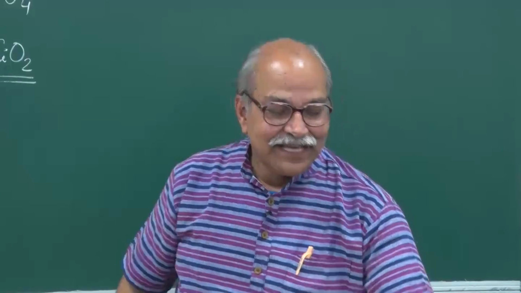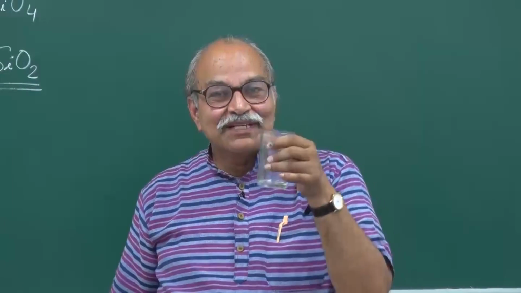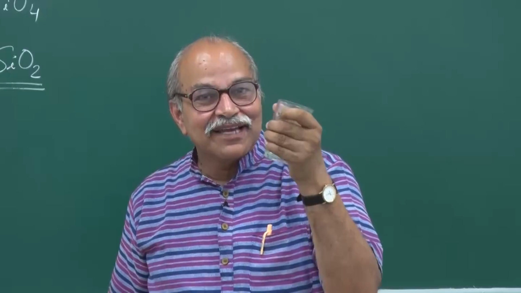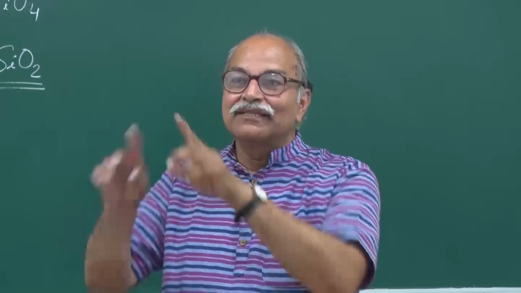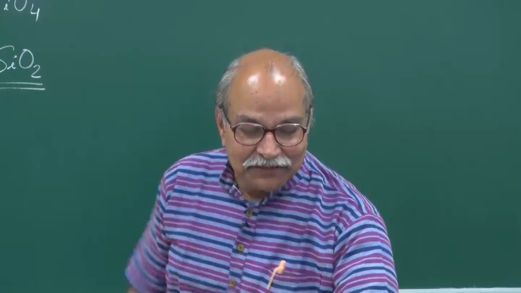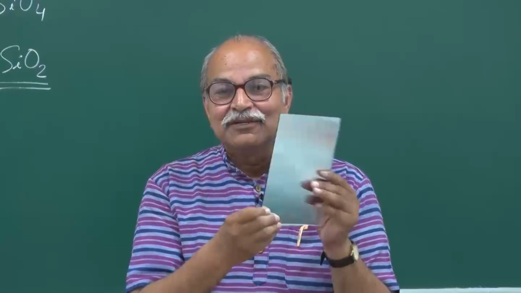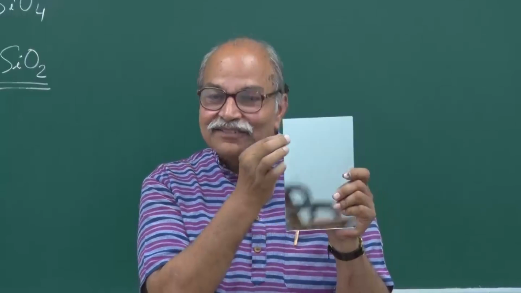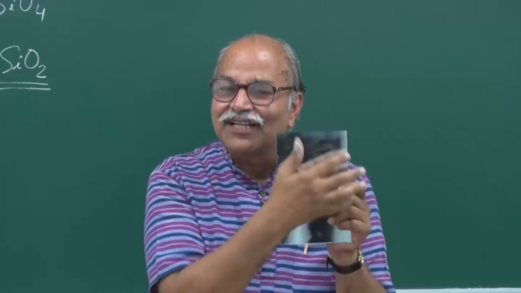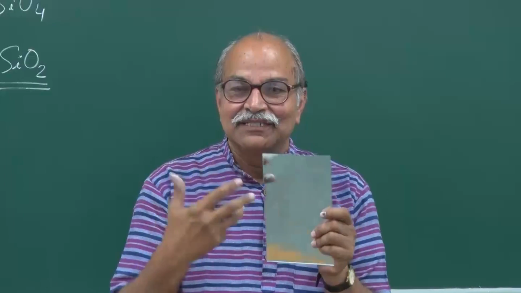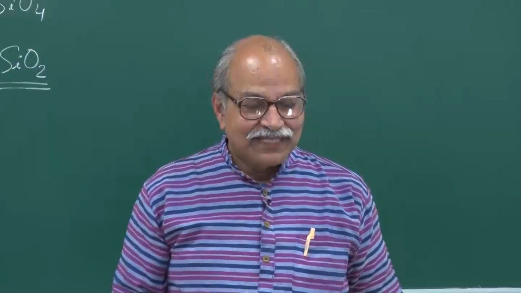When I take this glass tumbler and drink water, actually I am holding mostly silicon dioxide. The window pane glasses or the looking mirrors, we have this polish here, but the glass here is generally silicon dioxide with some things added to make various qualities and properties of the glass.